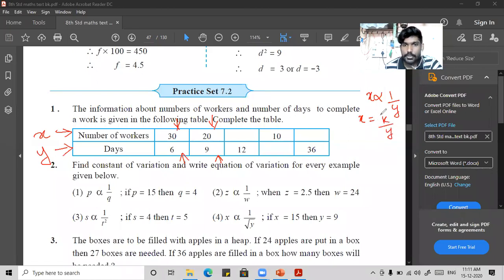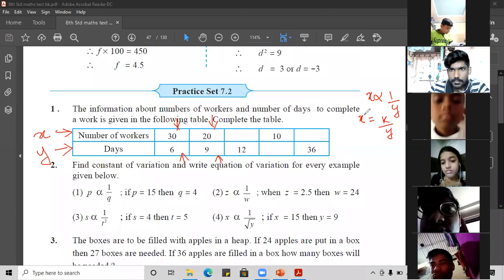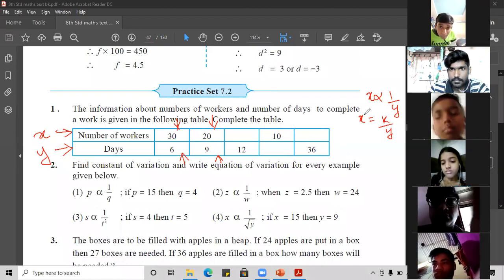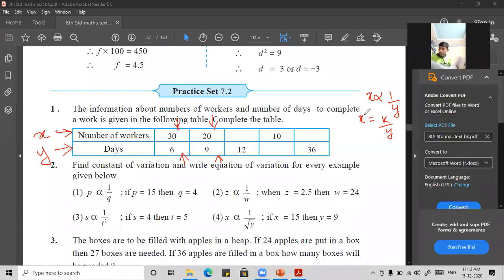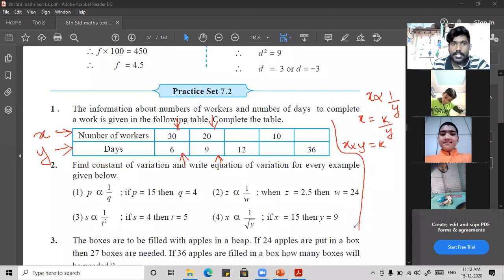Now first thing to find out is the value of this K. That is the constant of variation. That is the first thing that we have to find out. So you take this Y on the other side, it will become X multiplied by Y is equal to K. Now what is the value of X and Y?